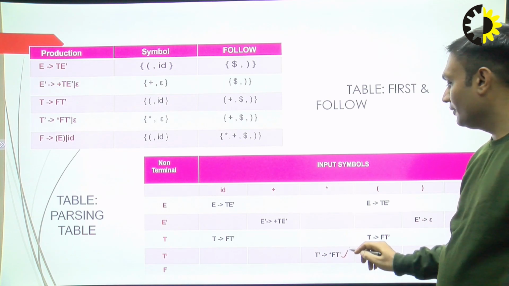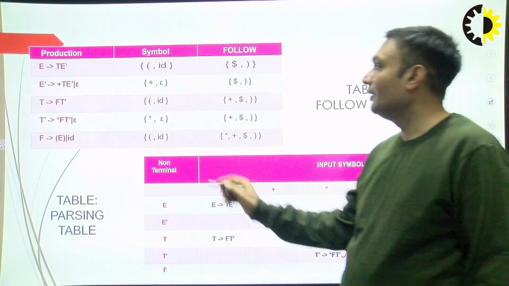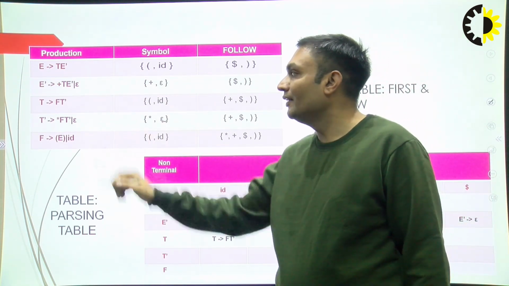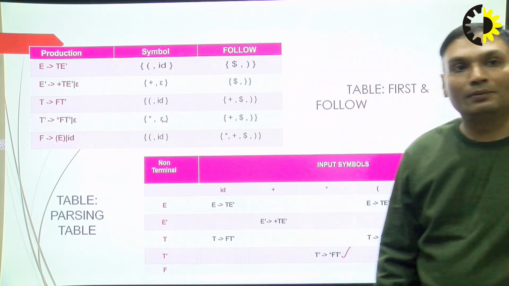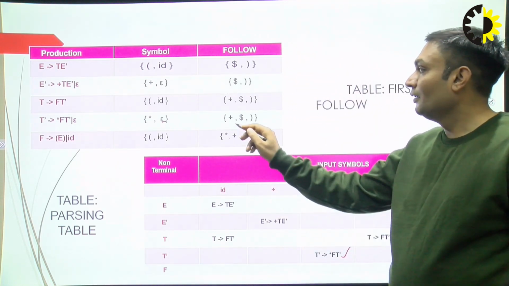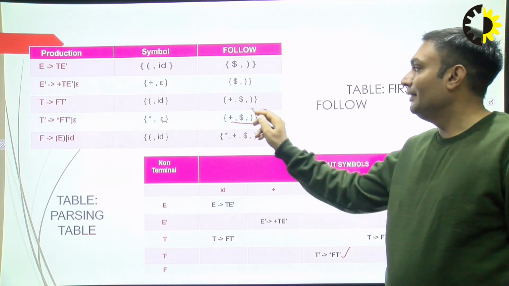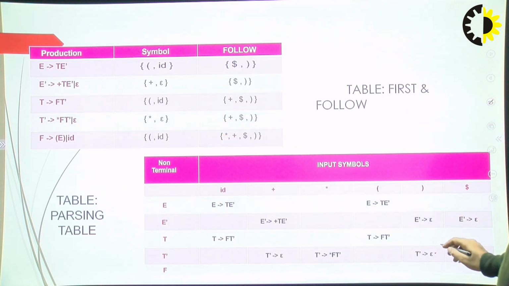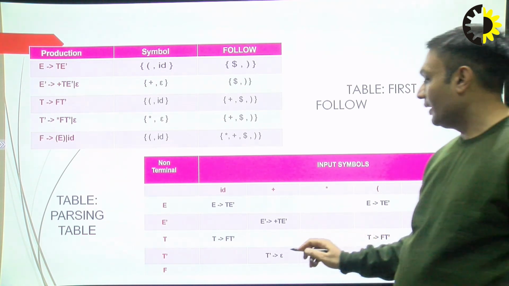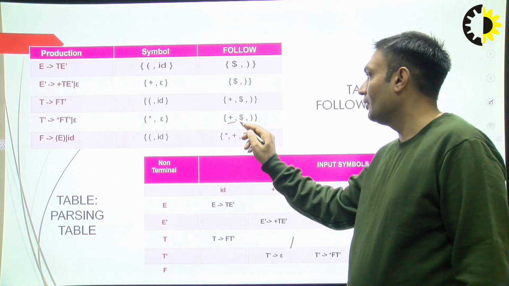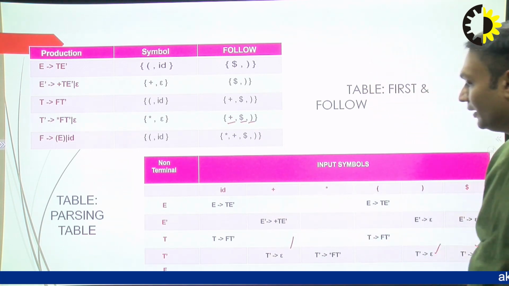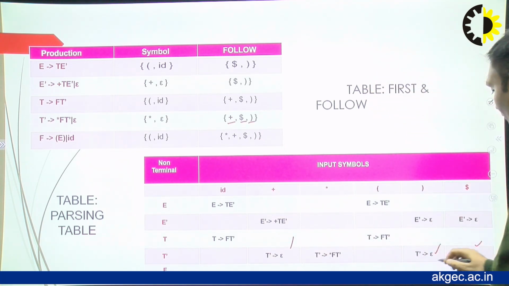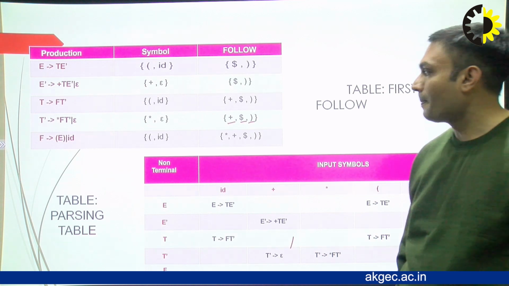Now there is an epsilon, so the rule generated with epsilon will be put at the entries of follow: close bracket, dollar, and plus. We write T dash to epsilon at each.